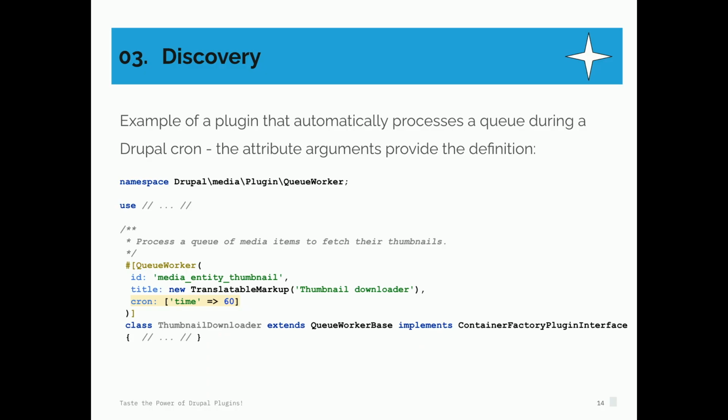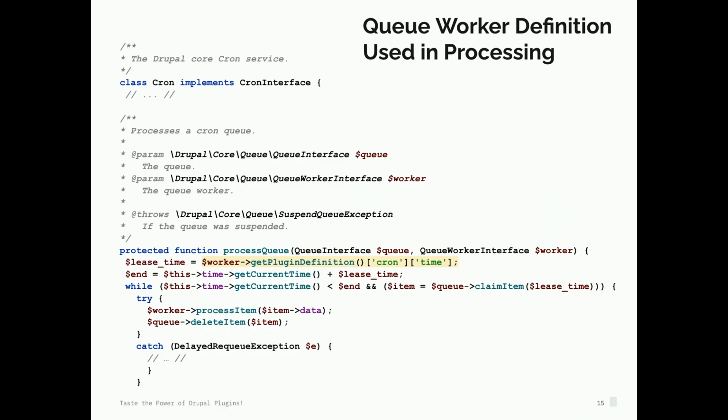Every time Drupal cron runs, allow this particular queue and queue worker to work for up to 60 seconds. So that's what that means, and I kind of mentioned this before, but I'll show you again the highlighted line, right? This is a little bit uncommon. Often the plugin definition is used only internally to the plugin.